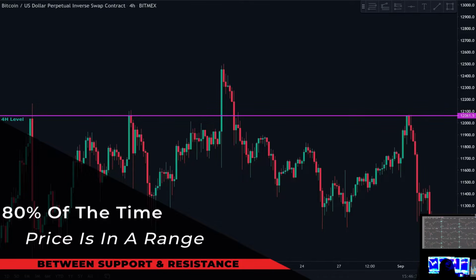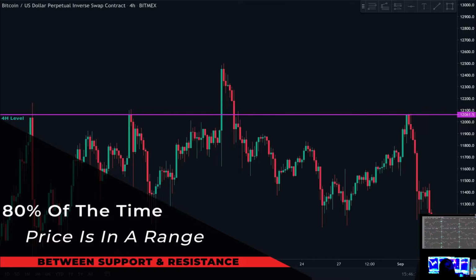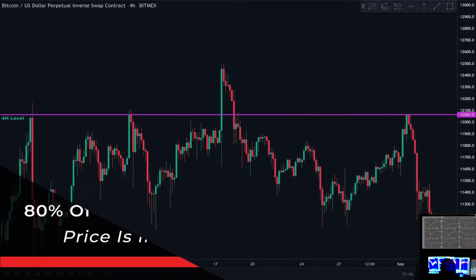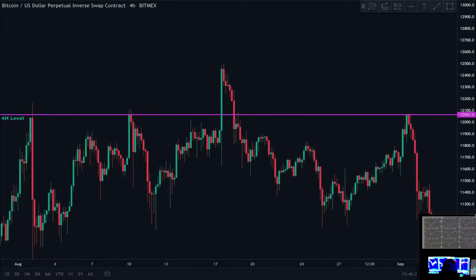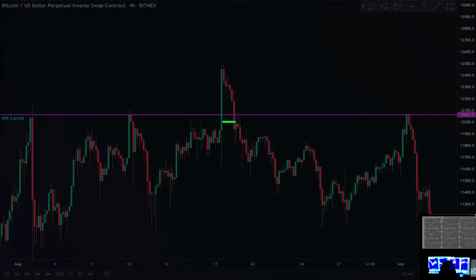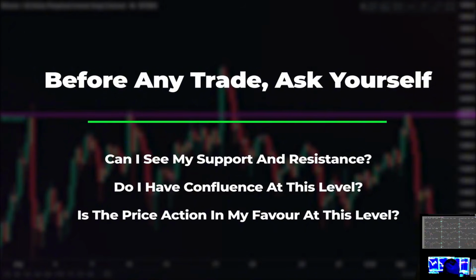Today I'll be breaking down this very simple yet effective trading strategy into 3 distinct steps. You will know where the market is going and be well positioned to capitalize on any market movement. Okay, so you need to make sure that you have support and resistance levels and you can identify them crystal clear.